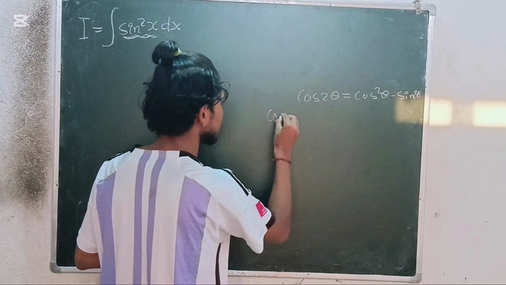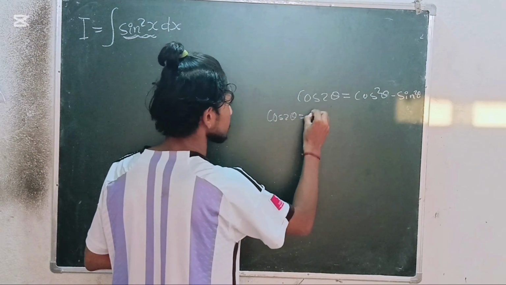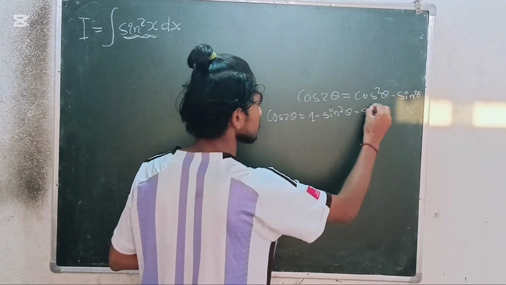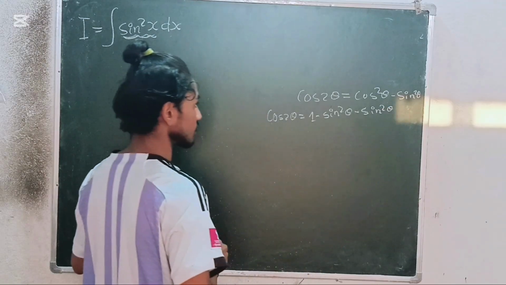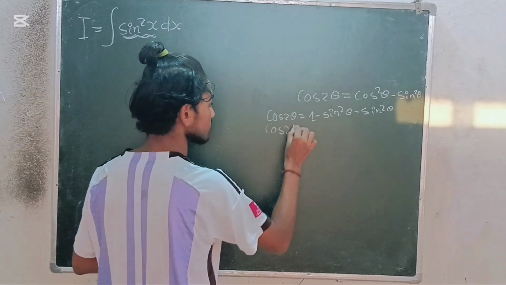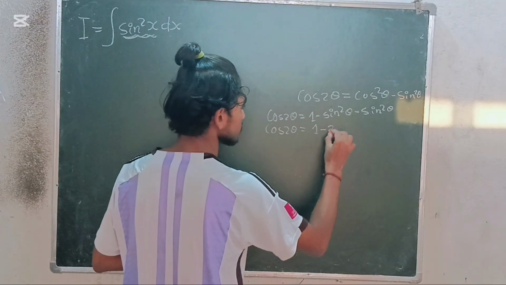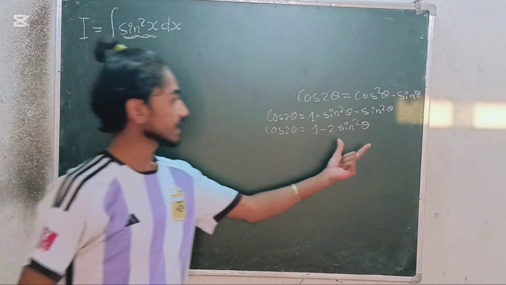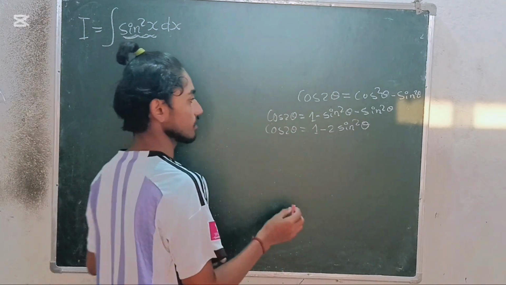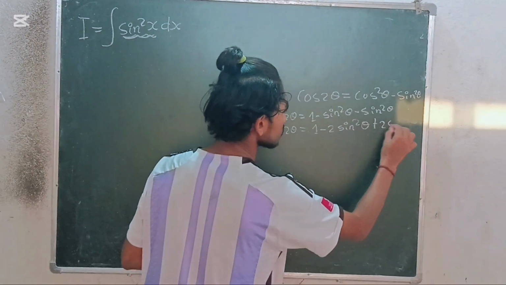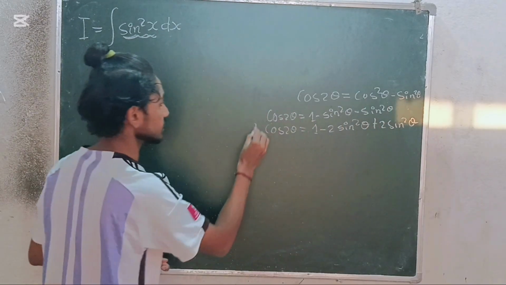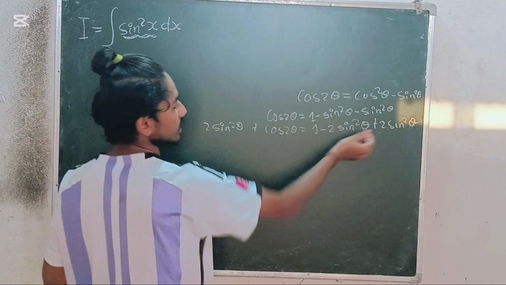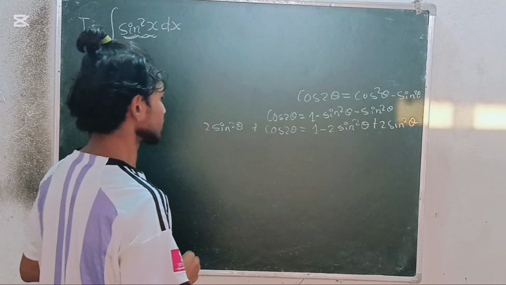That is, cosine of 2 theta is 1 minus sine squared theta minus sine squared theta, and this gives cosine of 2 theta equals 1 minus 2 sine squared theta. Let's just add 2 sine squared theta on each side, which is a nicer way than saying the negative sign will come here and become positive.